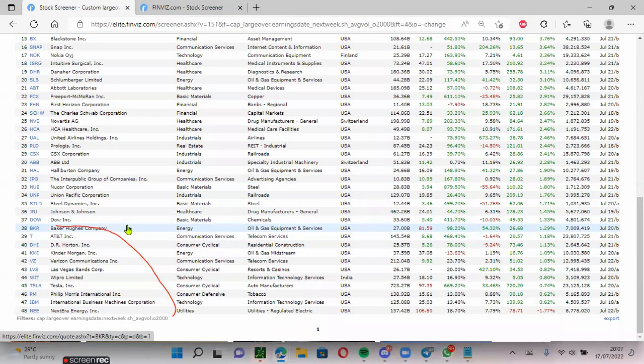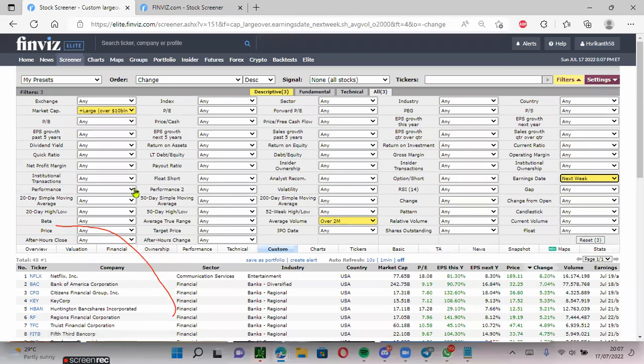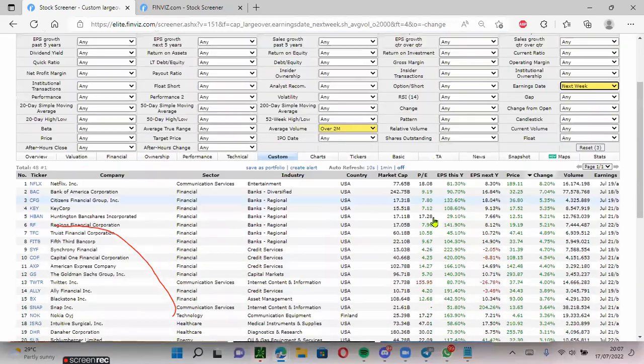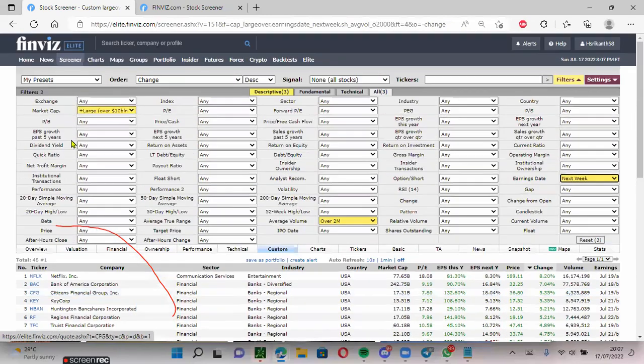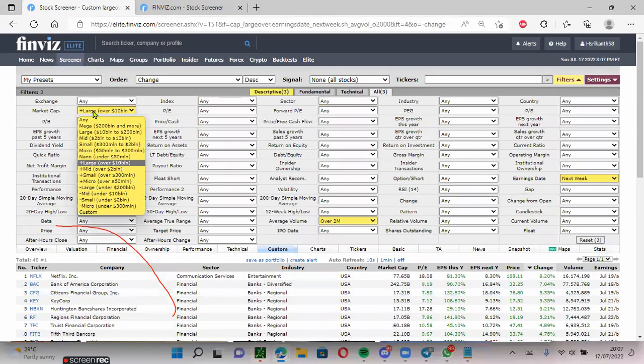Okay, so let's take a look at some of the key important stocks. What is the market cap of them? Most of them are 77 billion. Anything small, large.